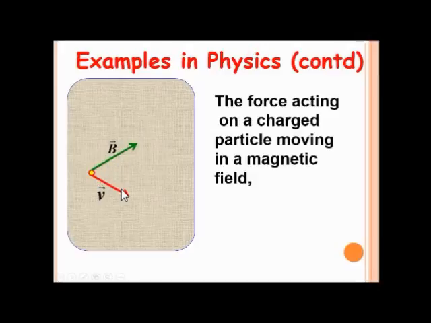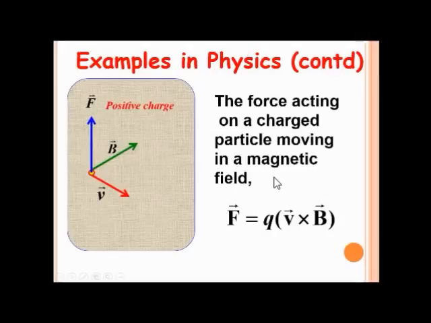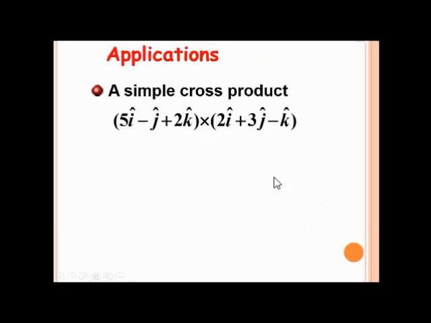The force acting on a charged particle moving in a magnetic field is given by F equals Q into B cross V. These are some of the best examples in physics for the application of vector calculus, or say the cross product.